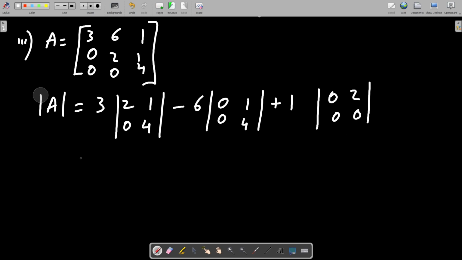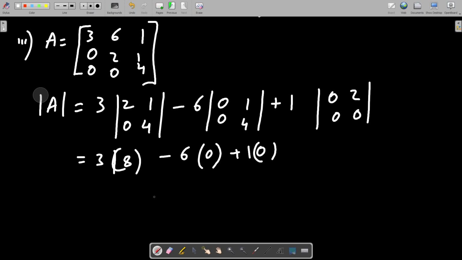Okay, so in this case 3 into 8 minus 0 minus 6. Here you'll get 0 minus 0, so it will be 0. Here you'll be getting 1 into 0 into 0, so that will be 0. Okay, so this leaves you with 24.